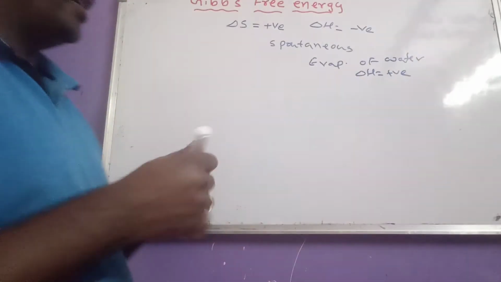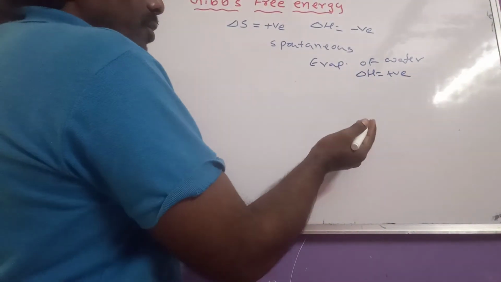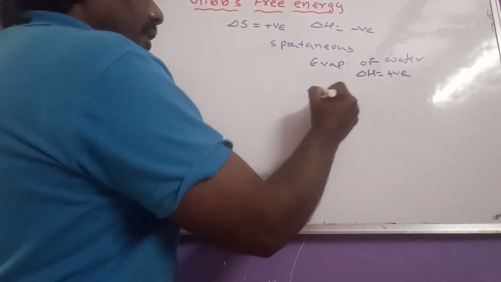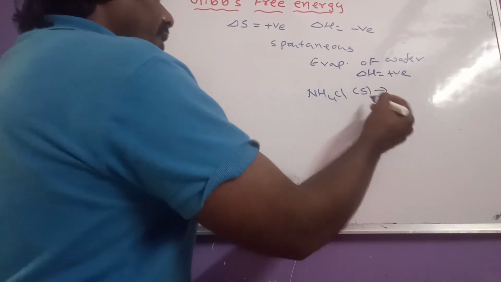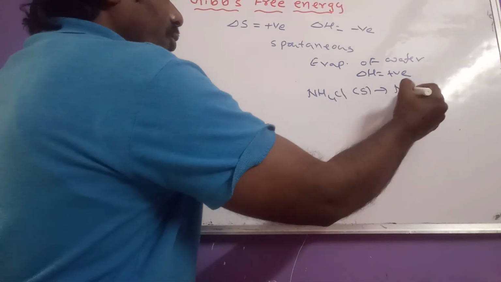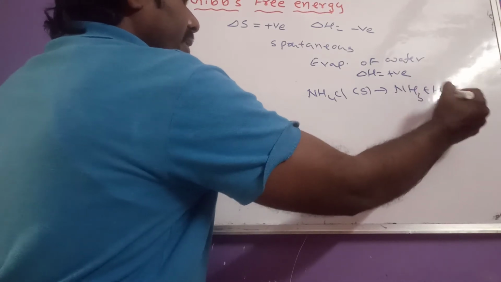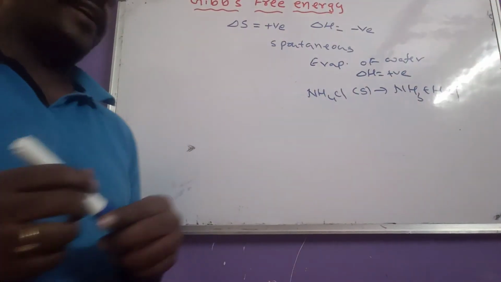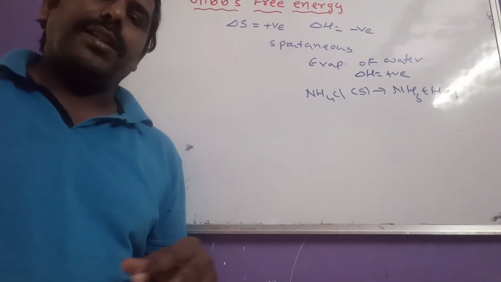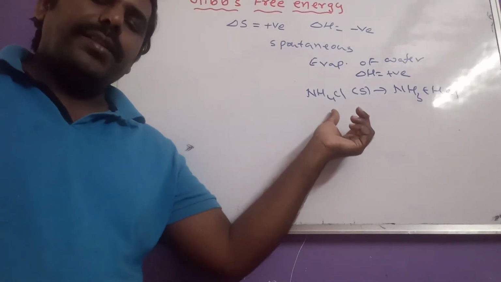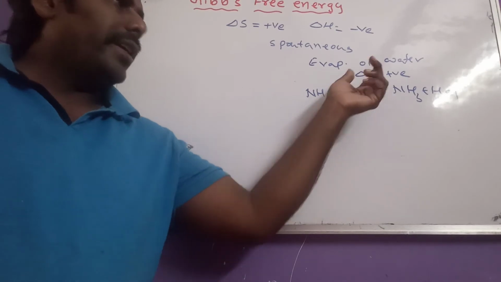And also another one here, decomposition of solid NH4Cl into NH3 and HCl. This also takes place spontaneously at room temperature, but it also has a positive delta H value.